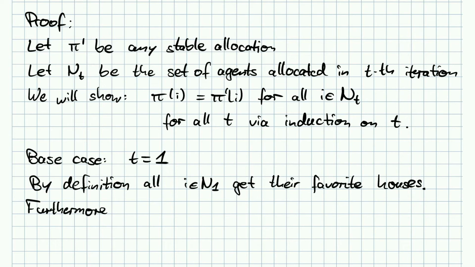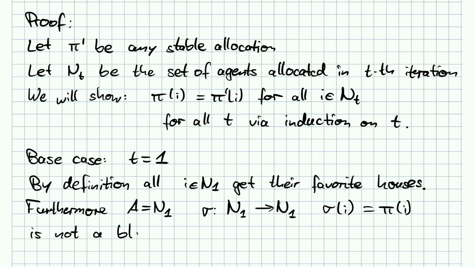And furthermore, setting A to N1 sigma as mapping from N1 to N1, which gives each agent what they're getting in pi, is not a blocking coalition for our pi prime, which is our stable allocation that we're comparing ourselves to.